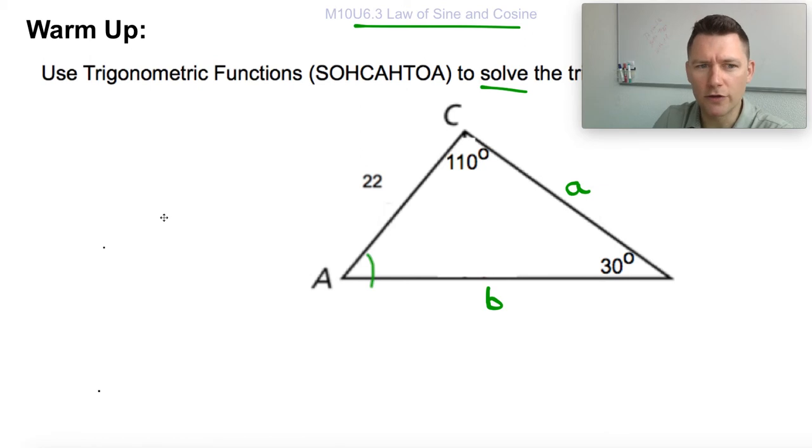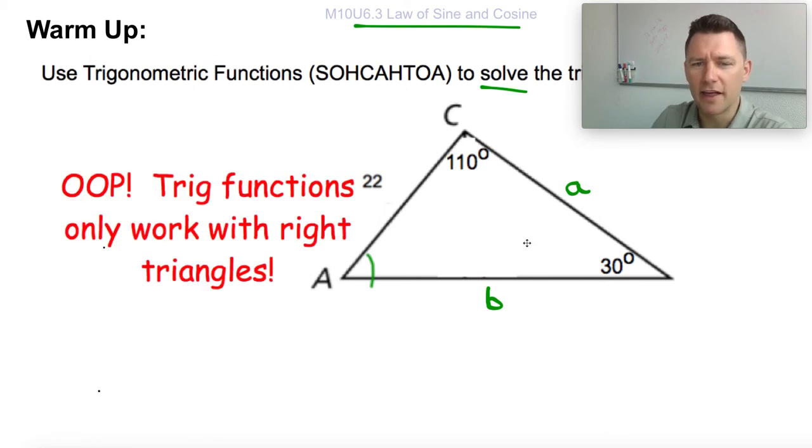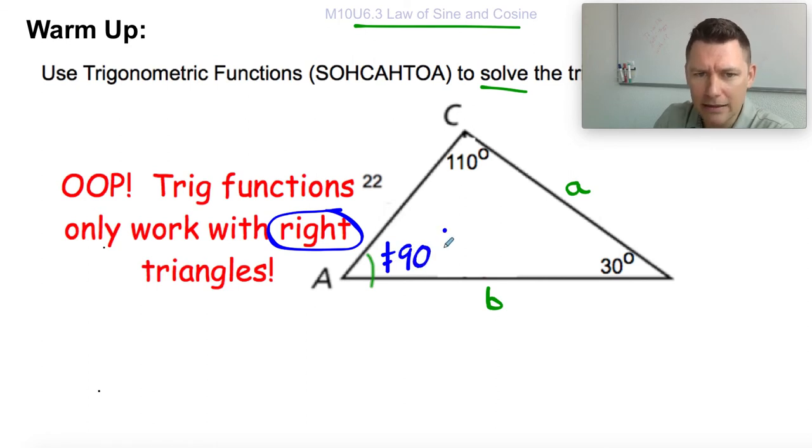So, what's the deal? All our sine, cosine, and tangent only work with right triangles, right? This is not a right triangle. This is 110, this is 30, and if you do the subtraction, this cannot be 90, right? So this is not a right triangle.